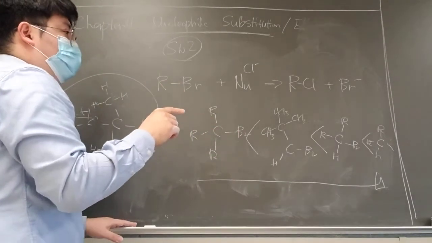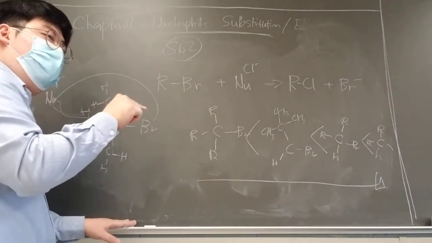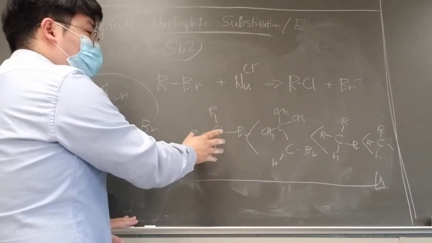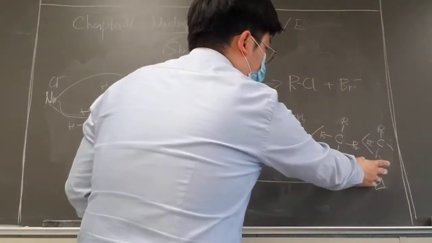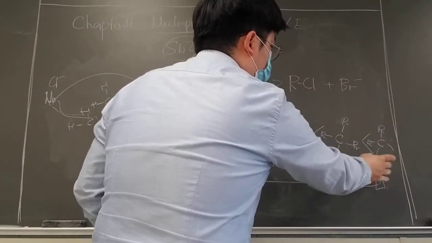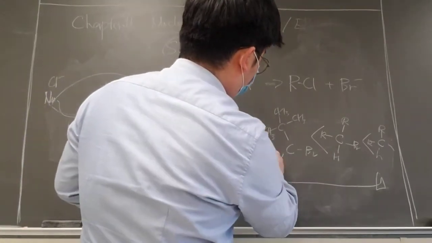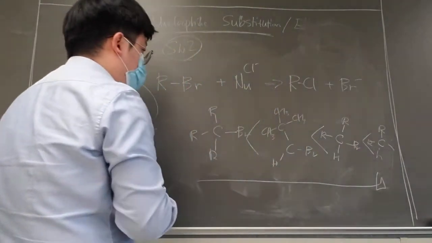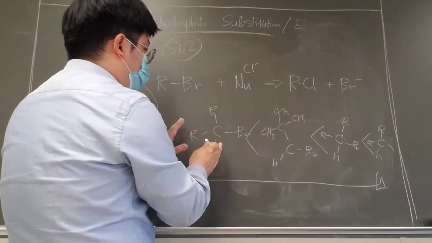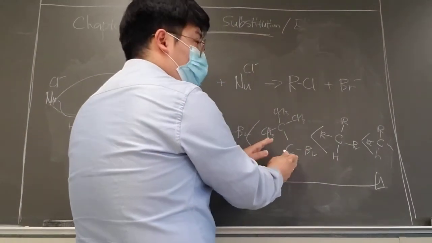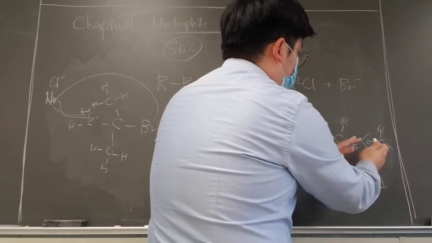The nucleophile in SN2 has to come in the back side, so the bulkier it is, the harder it will be, but the less bulky, the easier for them to come into the reaction. I didn't write it all out, but this is the tertiary, neopentyl, secondary, primary.